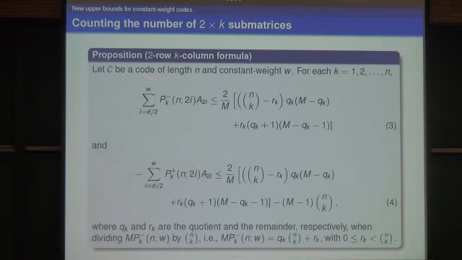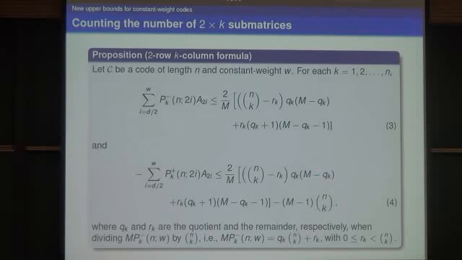We get the second, the two-row k-column formulas. This corresponds to counting 2×k submatrices that contain an odd number of 1s, and the second one is counting the submatrices that contain an even number of 1s.